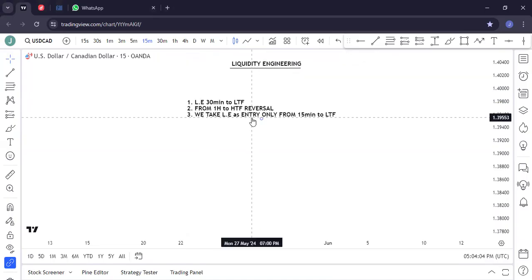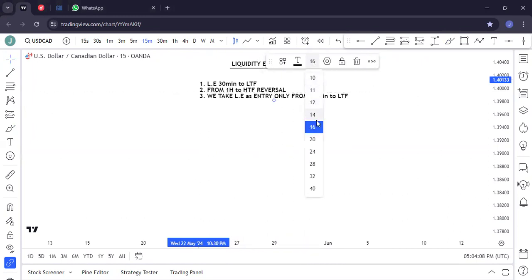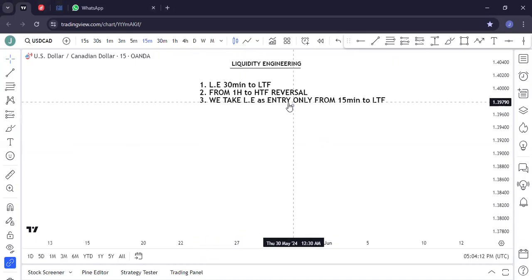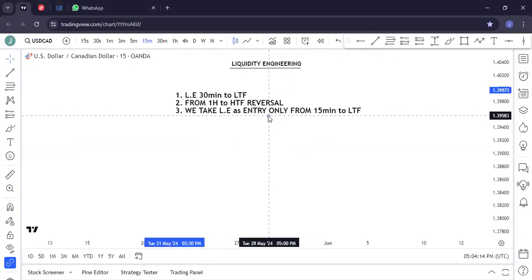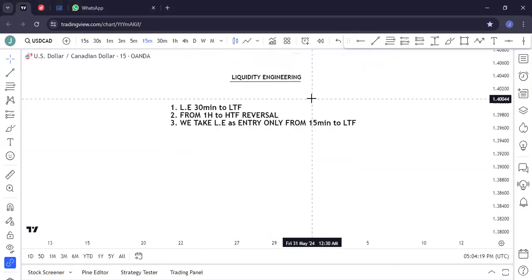When we say liquidity engineering, we have characteristics. Those characteristics are what we are going to use to guide us to take these entries of liquidity engineering.